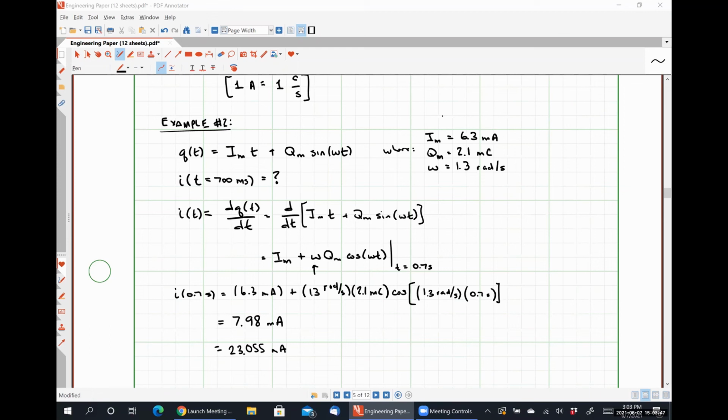All right, so this level of calculus, taking a simple derivative of a sinusoidal function, is really about the maximum level of detail or the maximum level of calculus that's going to be needed to be successful in this class.